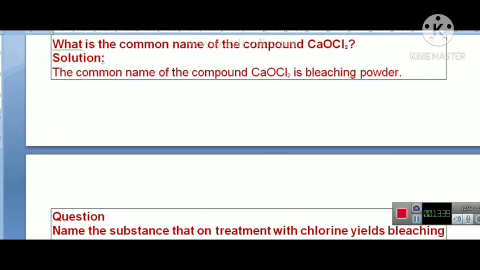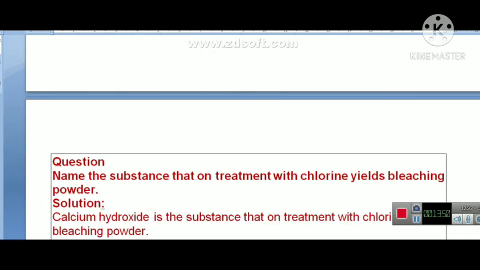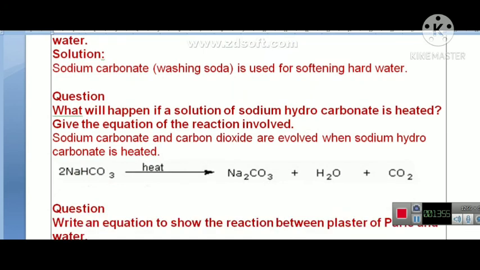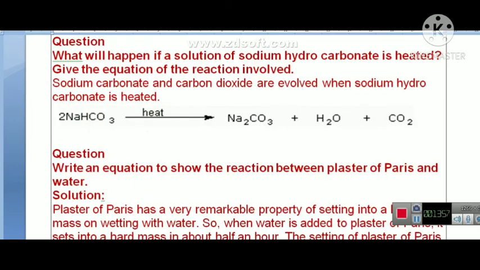What is the common name of the compound CaOCl2? The common name of the compound calcium oxychloride is bleaching powder. What will happen if a solution of sodium hydrogen carbonate is heated?